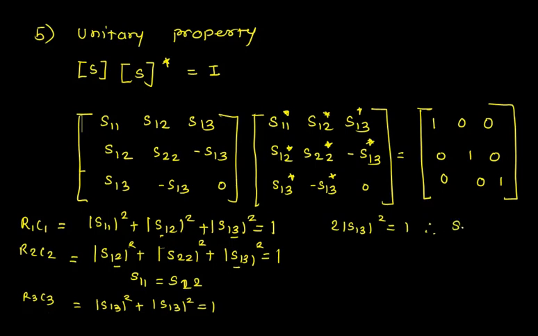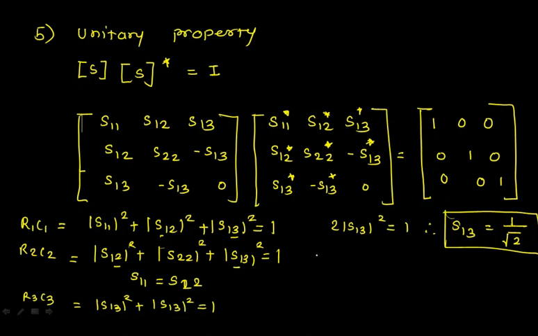Therefore, S13 is equal to 1 by root 2. So I have got one scattering coefficient, S13 is 1 by root 2. Okay. Now we have taken r1 c1, r2 c2, r3 c3.